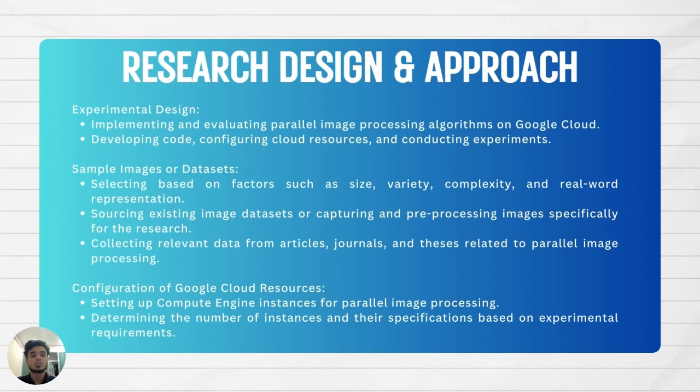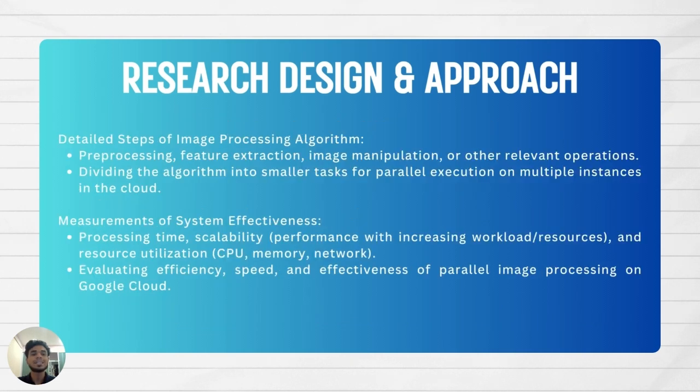Configuration of Google Cloud resources: setting up Compute Engine instances for parallel image processing, determining the number of instances and their specifications based on experimental requirements. Detailed steps of the image processing algorithm: pre-processing, feature extraction, image manipulation, or other relevant operations, and also dividing the algorithm into smaller tasks for parallel execution on multiple instances in the cloud.